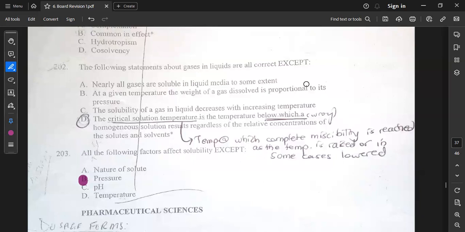Anybody else with a different answer? Okay, then we can go to 202. What do you guys think the answer for that one is?